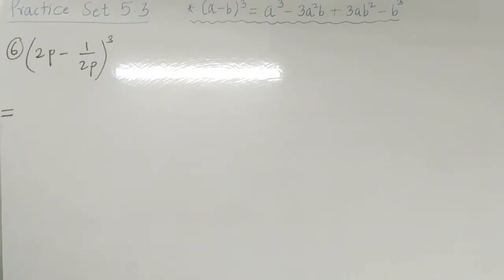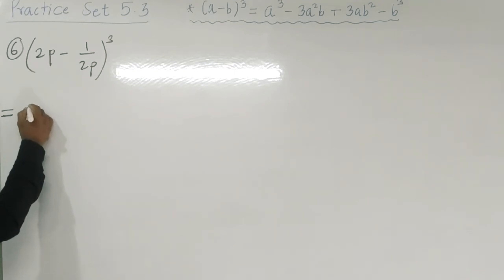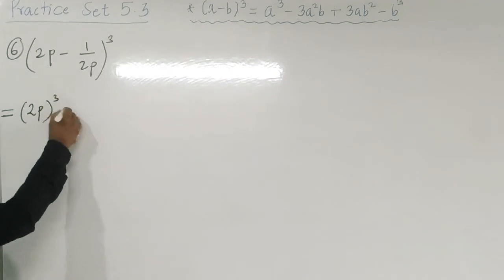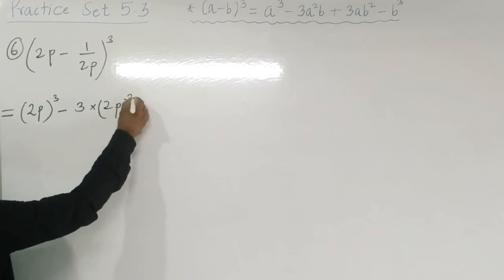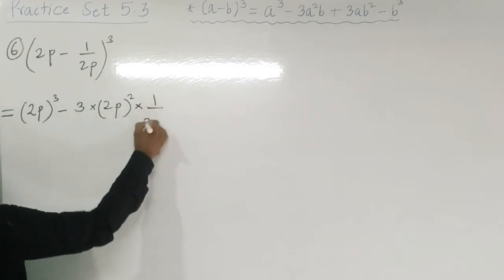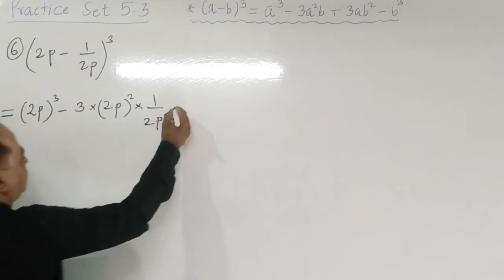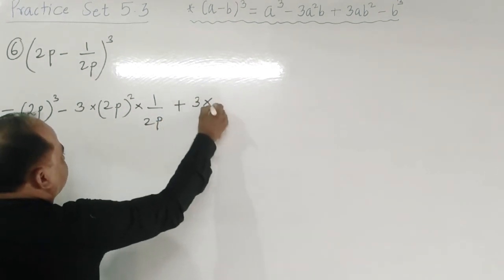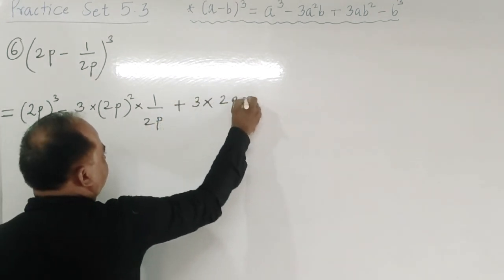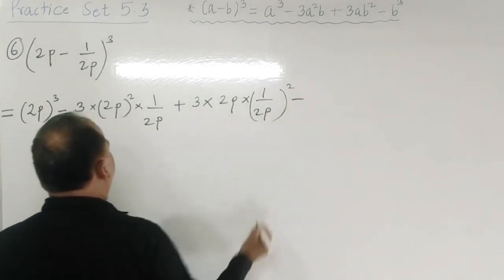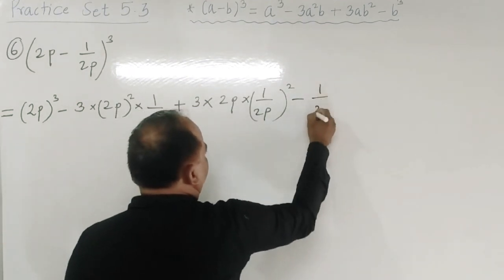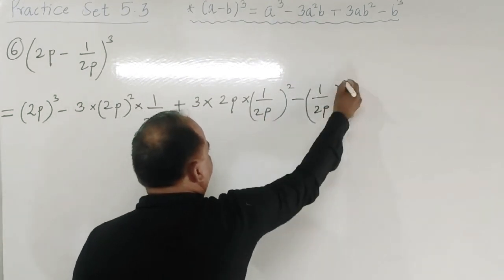2p minus 1 upon p bracket cube. So using the identity (a minus b) bracket cube, we get 2p bracket cube minus 3 times 2p square into 1 upon 2p plus 3 times 2p into 1 upon 2p bracket square minus 1 upon 2p bracket cube.